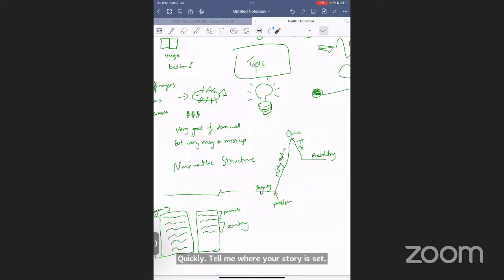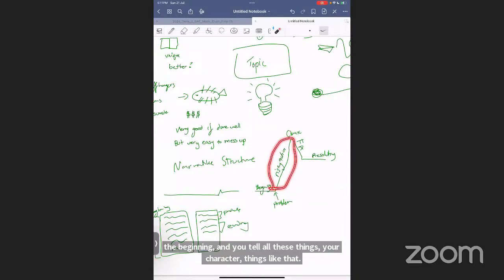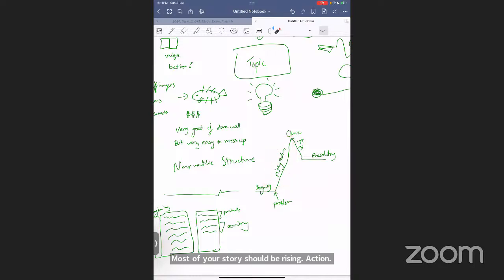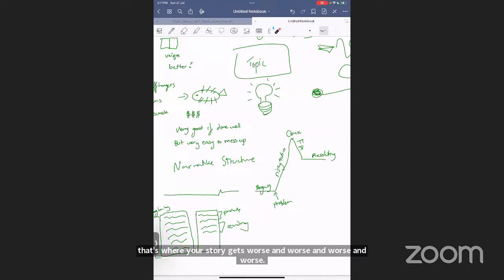Here's a hint: the bigger the problem, the better the story. After your first 3 lines, most of your story should be rising action. Most of it should be rising action. That's where your story gets worse and worse and worse. In good stories, the problem never stays the same.